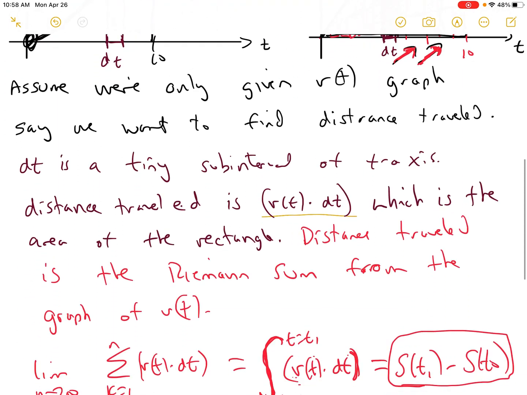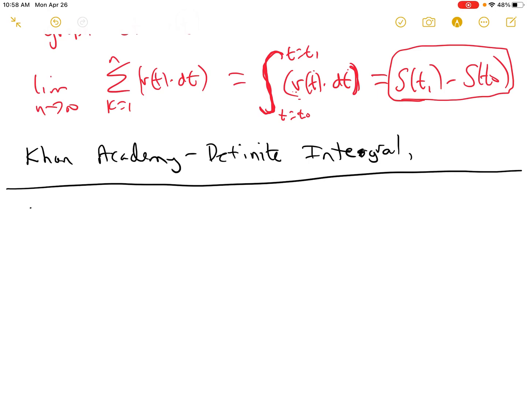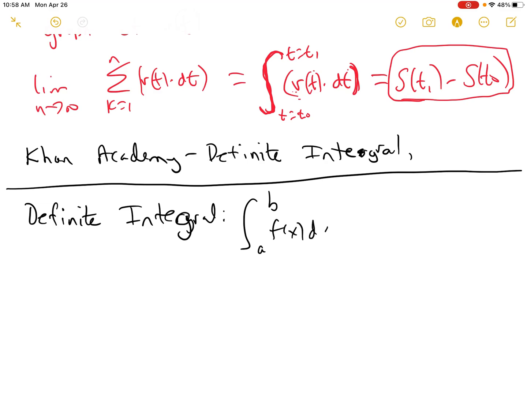And yeah, so now we have what's called the definite integral. The definite integral has the form integral from a to b of f of x dx. I'm just going to switch back to x.